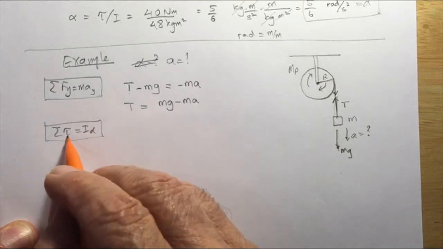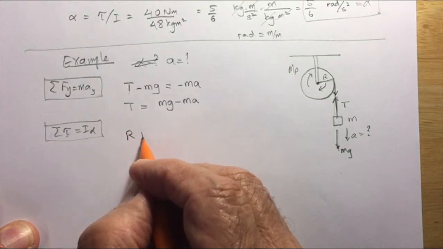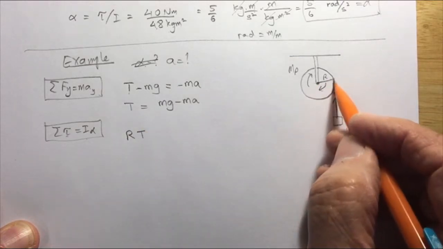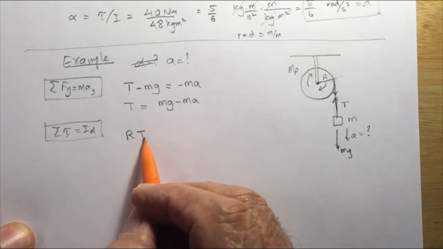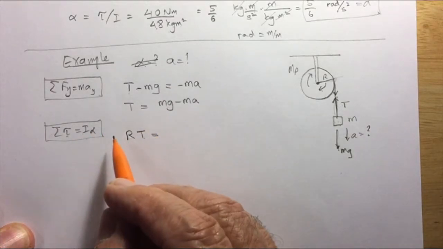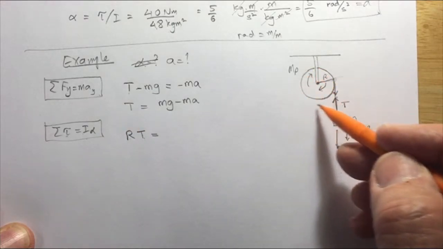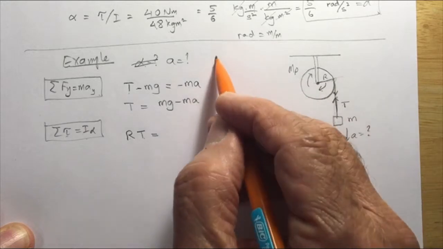So the torque is going to be r times T times sine theta, and the angle is 90 degrees, so it's just rT, equals the moment of inertia times alpha. So we can assume that the pulley is like a disk.